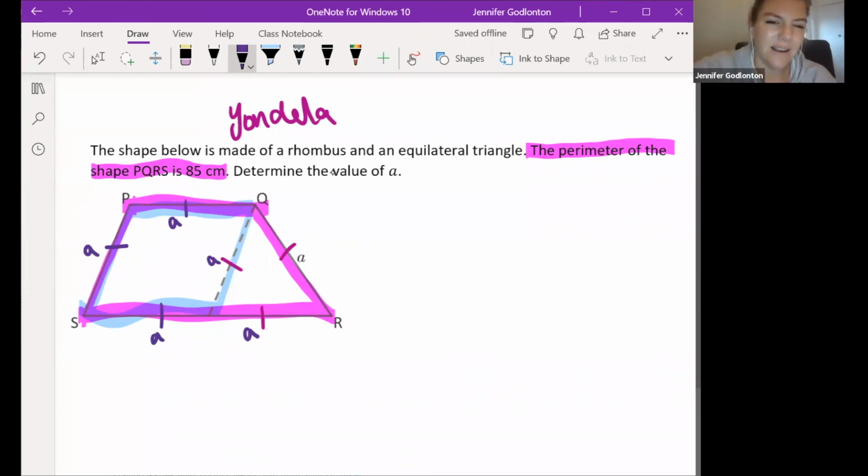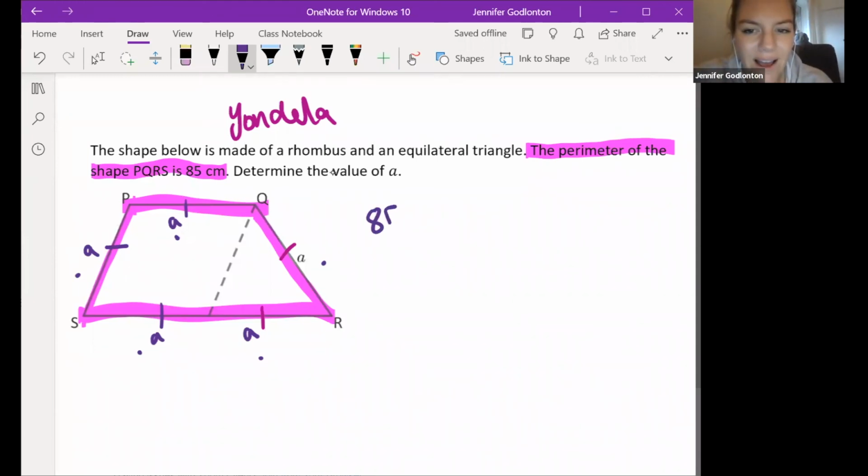So then if we look at our entire shape on the outside, we don't care about this line over here. We've got 1, 2, 3, 4, 5 A's. So we're going to say 85 divided by 5, and that's going to give us our answer for A. Do we see why?